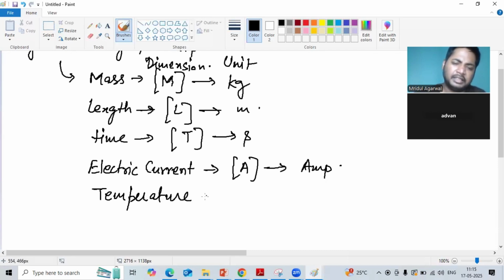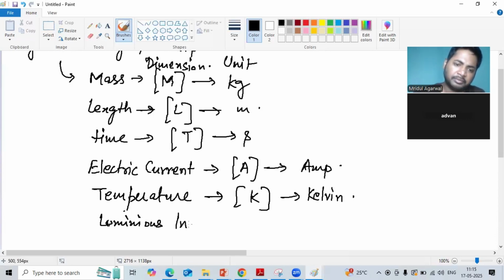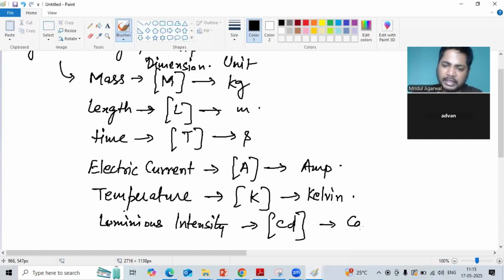Temperature is defined in kelvins. And then you have luminous intensity, correct? Luminous intensity is defined in candela, CD, isn't it? So this is candela.